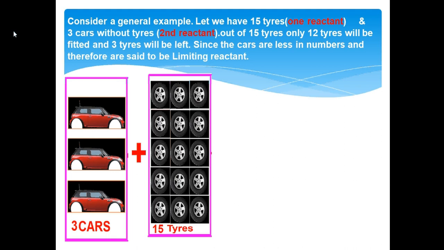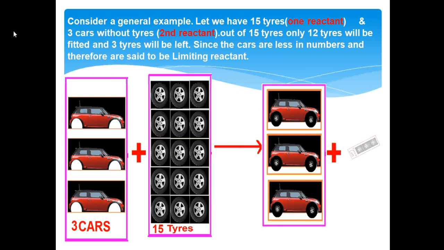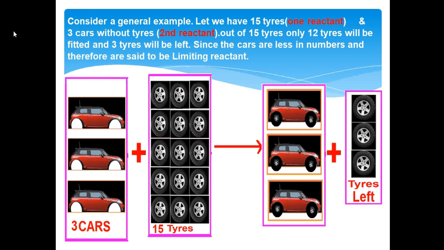Now these cars need 12 tires, while the rest of the 3 tires are extra. These cars are less in number while the tires are large in number, therefore in this example the cars act as a limiting reactant while the tires act as excess reagent.